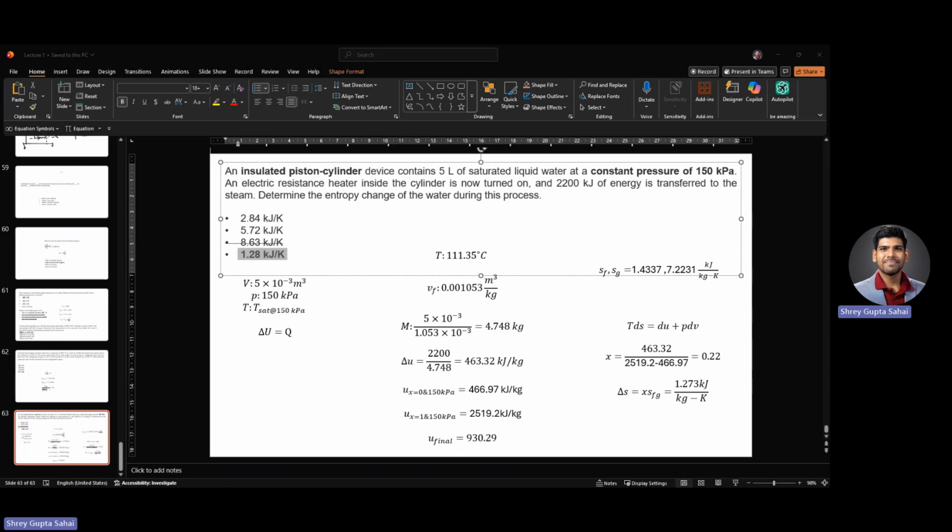The entropy change. It's not specific entropy. So we need to multiply it with mass also. Maybe that is something that I have not done. It's kilojoules per Kelvin, right? Not kilojoules per kg per Kelvin. So we have to multiply 4.74 also. But then also the option is not matching.